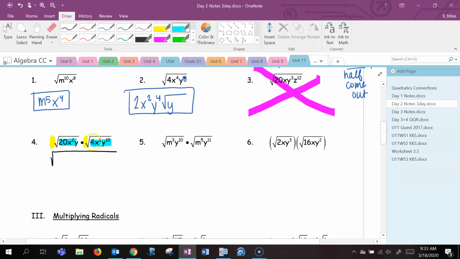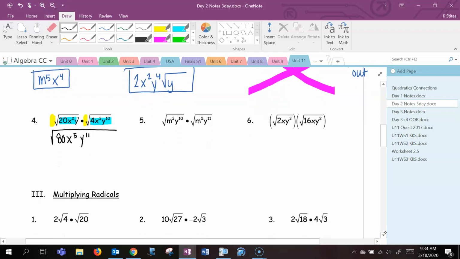So 20 times 4 is 80. When you do x squared times x to the 3rd, we add our exponents. So that's x to the 5th. Think about what we did when we were foiling. And then y times y to the 10th, that's y to the 11th. Okay, so that's your first step.